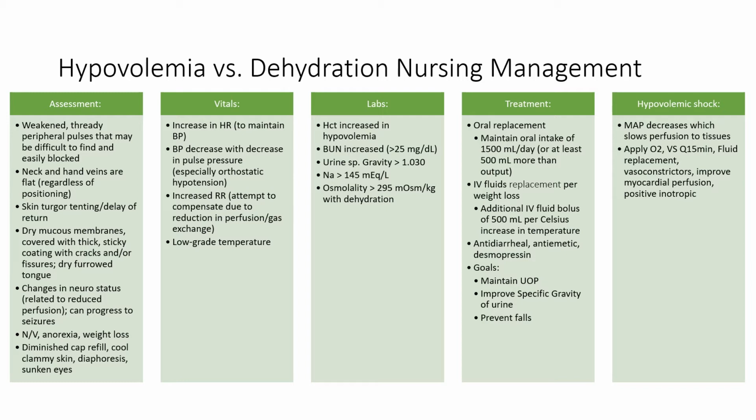Fluid replacement, of course, in this case, definitely IV. We may also need to give them a vasoconstrictor, so like Levophed or something that can increase their blood pressure and cause that constriction so that they can perfuse better. We want to improve myocardial perfusion, so we may use some cardiac medications here and some positive inotropics for that same reason. Get oxygen back to the heart as well.